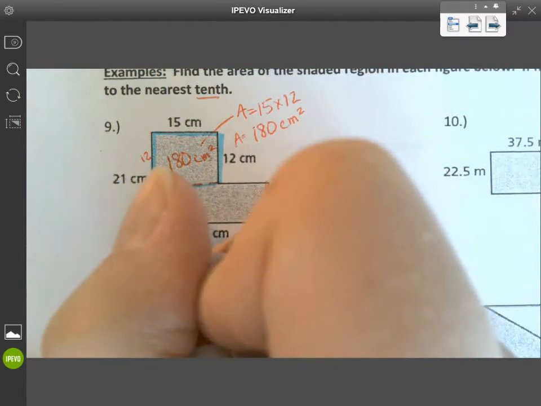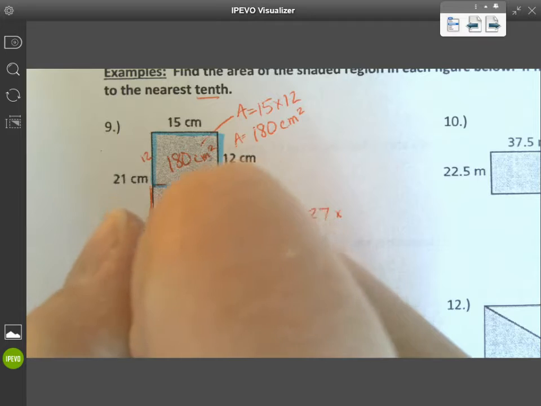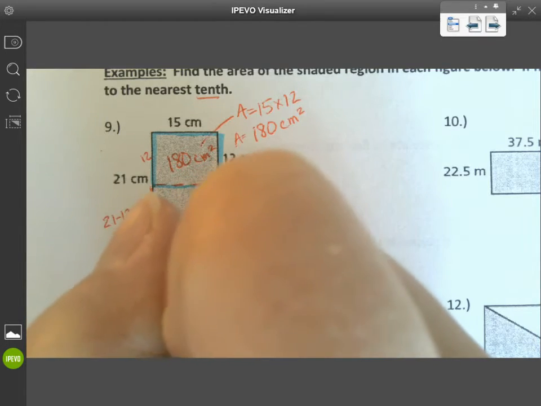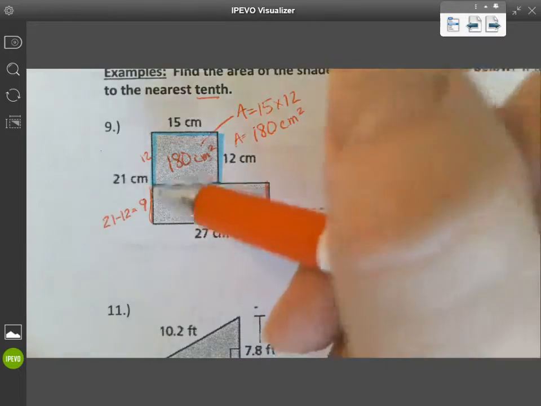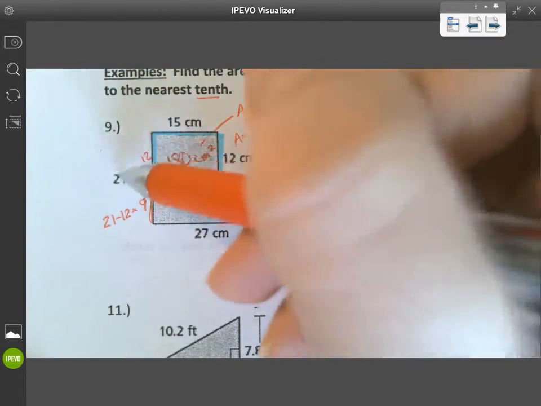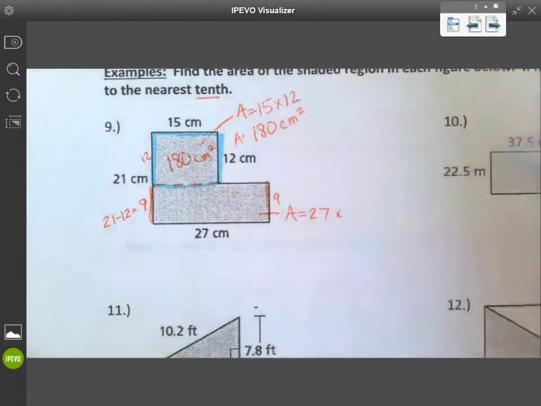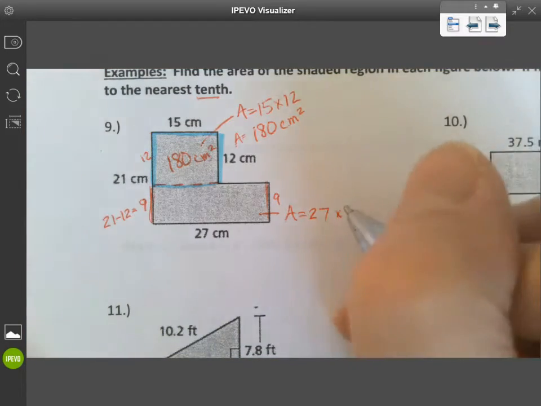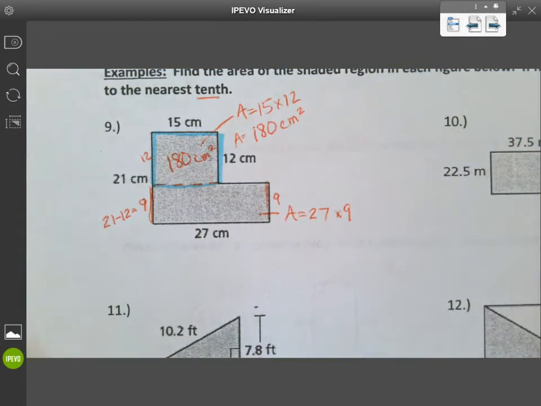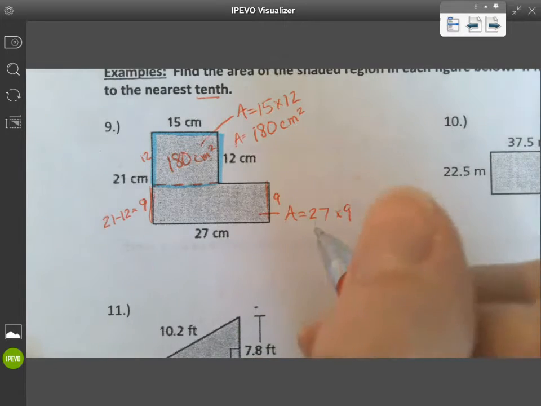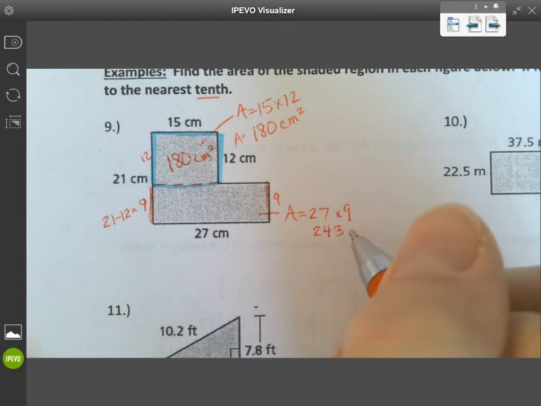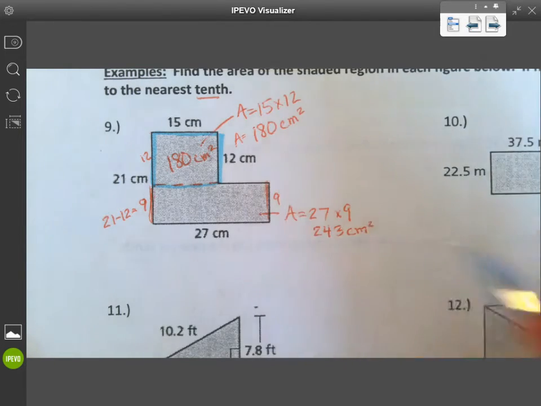So to find this piece right here, I would take 21 minus 12, and what do you get? 9. So if this piece is 9, this piece is 12, there's my 21, this piece is 9. It's almost like putting a puzzle together. So we take 27 times 9, and I get 243. And that would be centimeters squared.